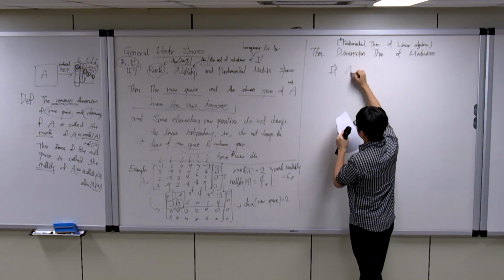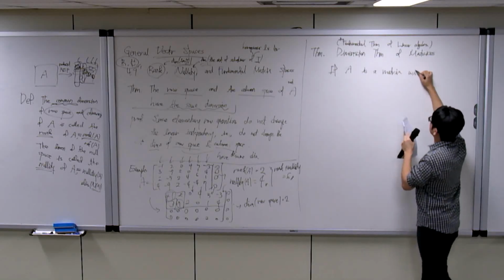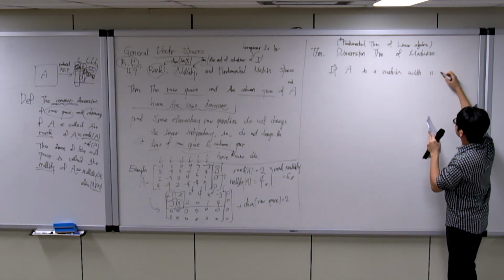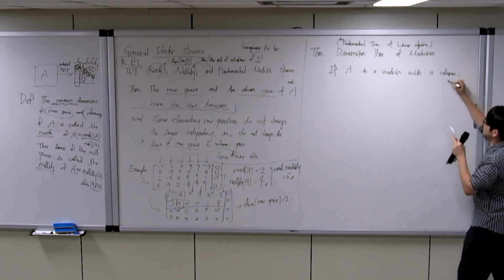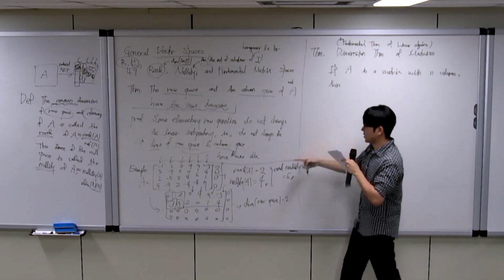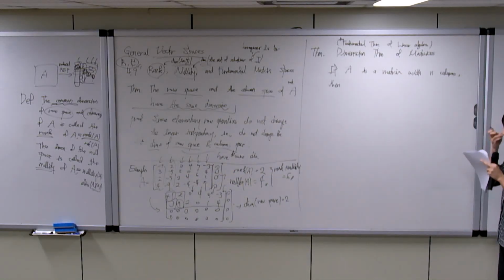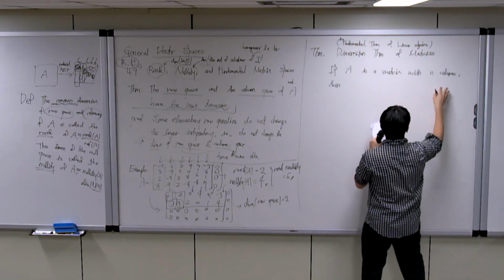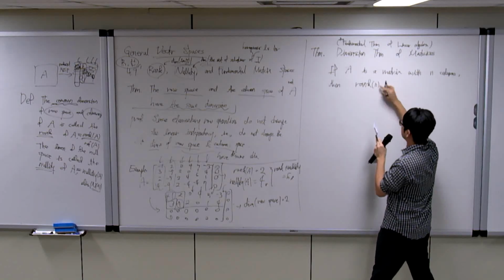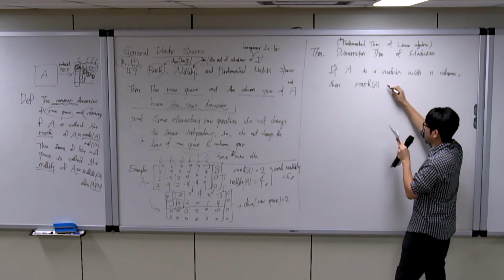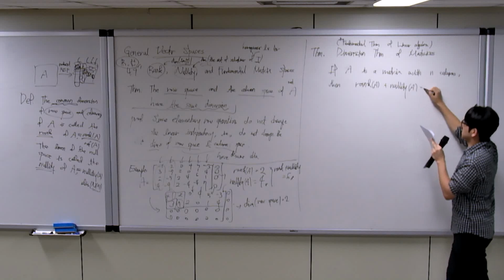If A is a matrix with n columns, that means in this case you have 6 columns, the number of variables if you see it as a linear system, then the theorem says the rank of A and the nullity of A add up to n.